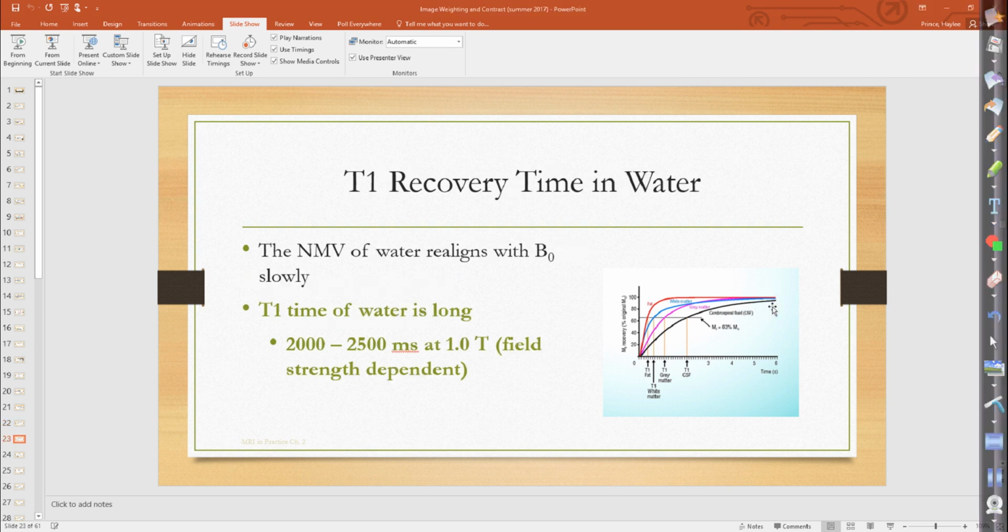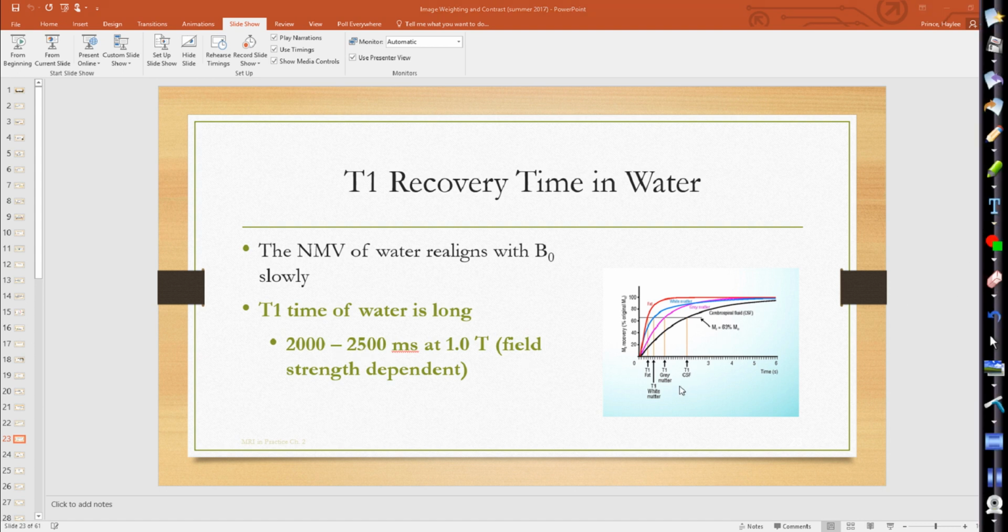All right, and then water, or CSF fluid, or any type of fluid, urine within the body, is going to recover or realign with V sub 0 slowly. It's going to take more time for it to realign due to all those properties. So here's a CSF. It's going to take for T1 at 1 Tesla between 2,000 and 2,500 milliseconds.